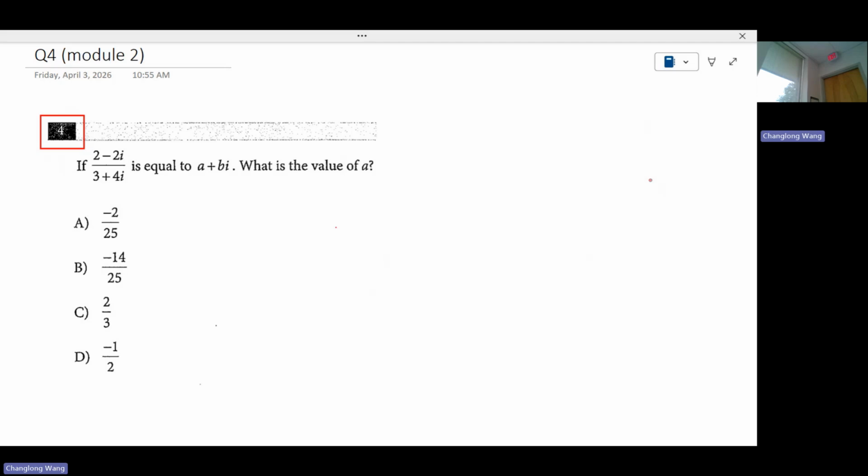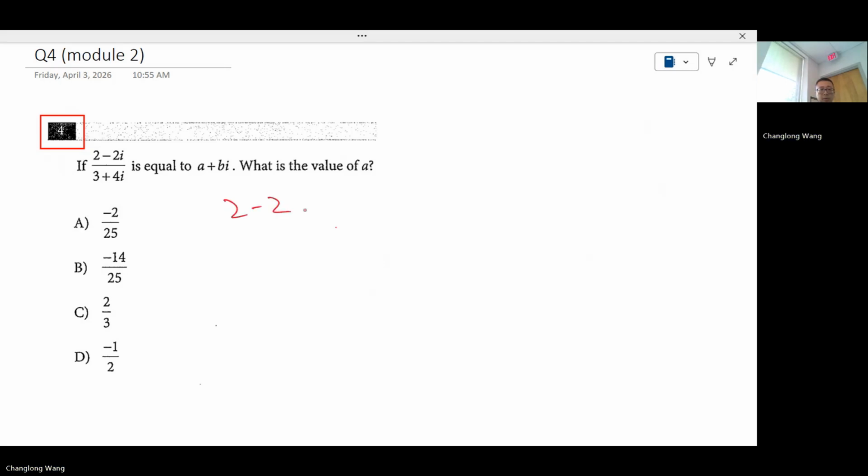So in the complex mode, you can literally type in that expression. Make sure that you use that special symbol for i in the calculator, and just hit enter. It will simplify that for you and write it in the standard form, so you can read off what the a is. But if you have to do it algebraically, go find out if that works out for the test instrument. There must be a functionality there.